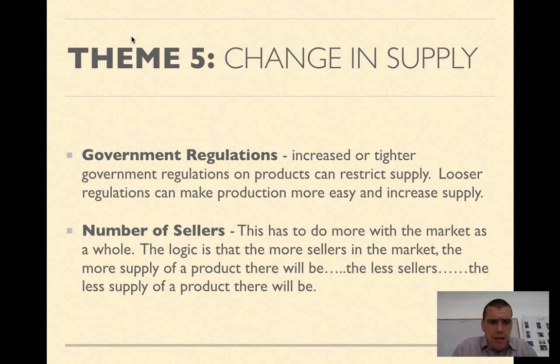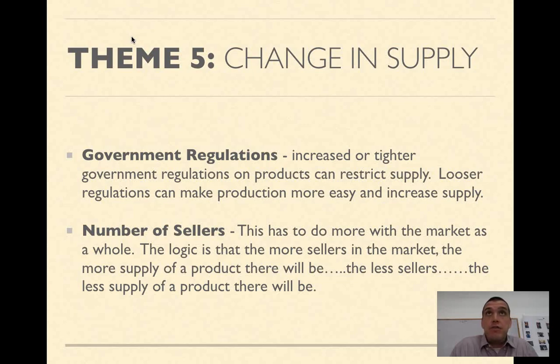And finally, the number of sellers. This has to do more with the market as a whole. The logic is that the more sellers in the market, the more of a product there will be. That makes sense. If you have a lot of people making shoes, the supply of shoes in the market is going to be high.